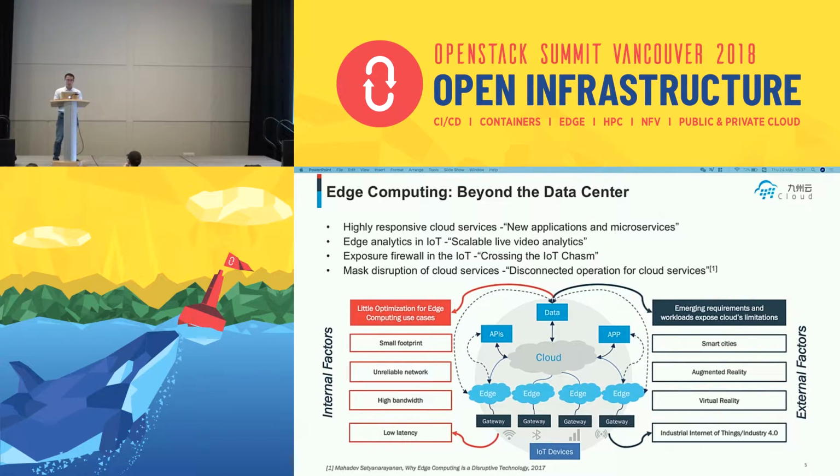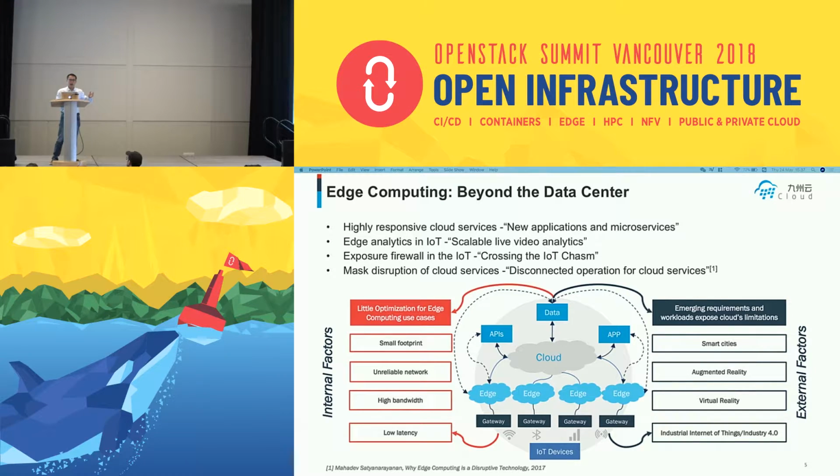So there are two factors driving cloud computing to evolve to edge computing: external factors related to the use cases, and internal factors related to the limitations of cloud computing itself.